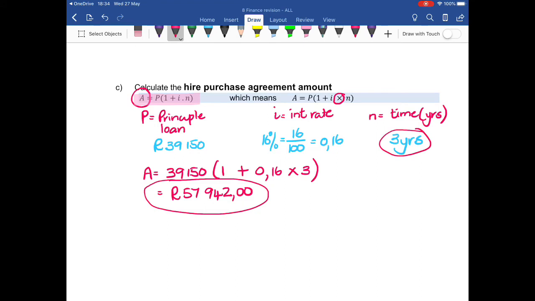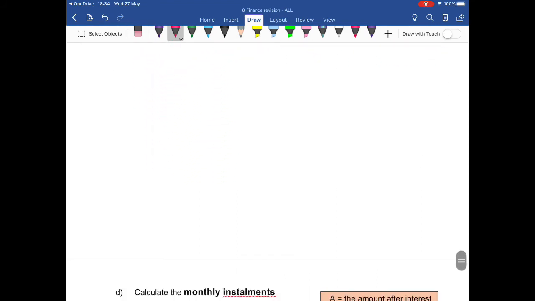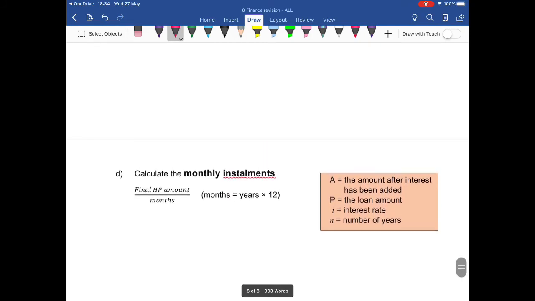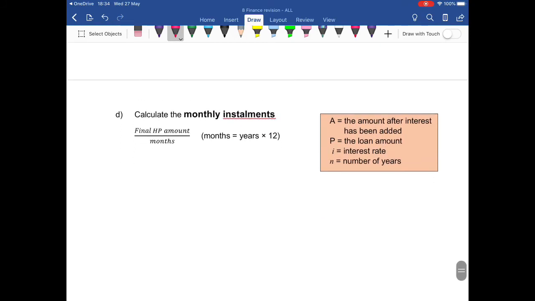Which brings us to our next calculation, which is the monthly installments. Right, the monthly installments, so I have to work out how much I'm going to pay each month. So from our previous calculation, we got a value of 57,942 divided by, remember it was 3 years, so 3 times 12 will give me 36 months.